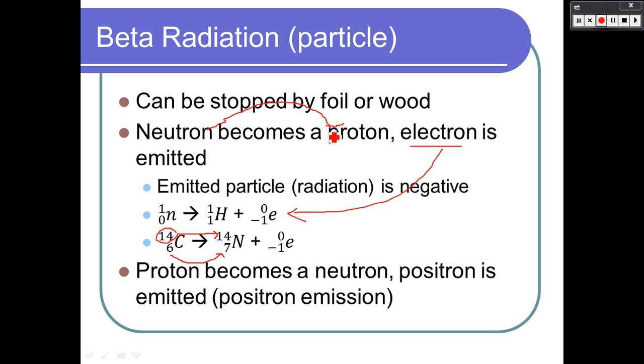That will get rid of a neutron and add a proton. But if the atom doesn't have enough neutrons, has too many protons, then it would undergo this one, where the proton becomes a neutron, and that gets rid of a proton and adds a neutron. So what type of radiation something undergoes depends on what it needs to do. How is it going to get that ratio of protons to neutrons to a stable number?